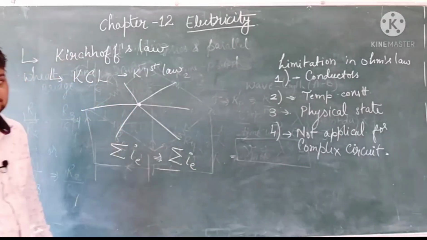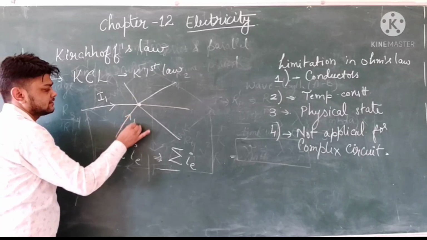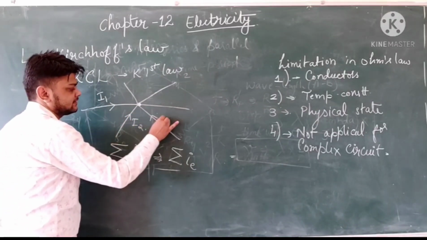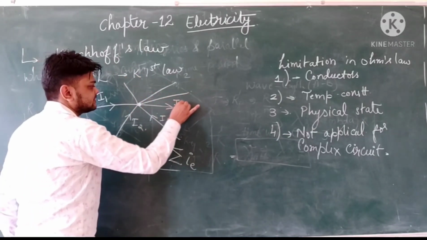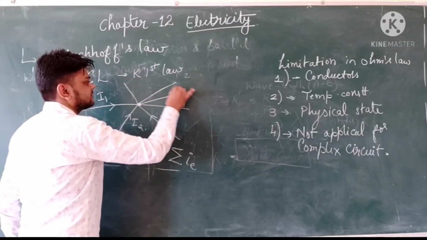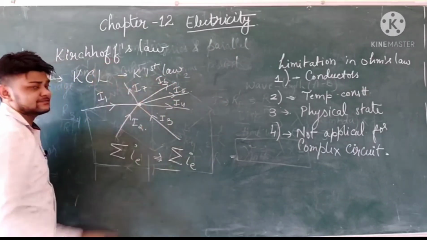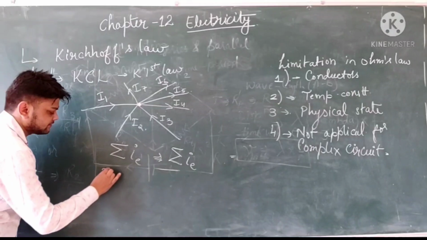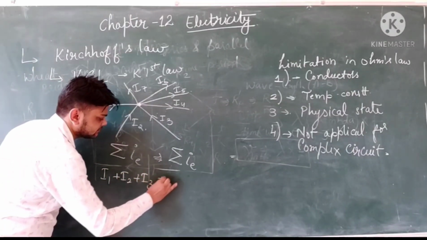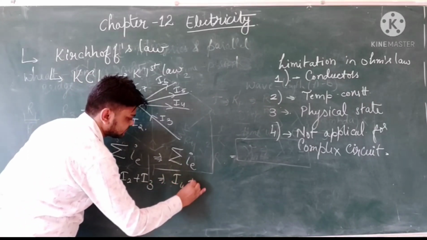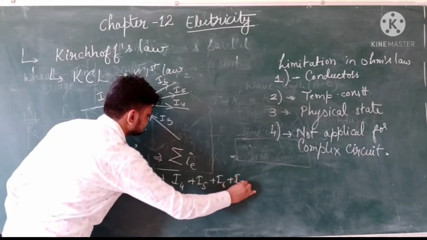So if I1, I2 and I3 are the currents entering, and I have exit currents I4, I5, I6 and I7, then as per the condition, I1 plus I2 plus I3 will be equal to I4 plus I5 plus I6 plus I7.